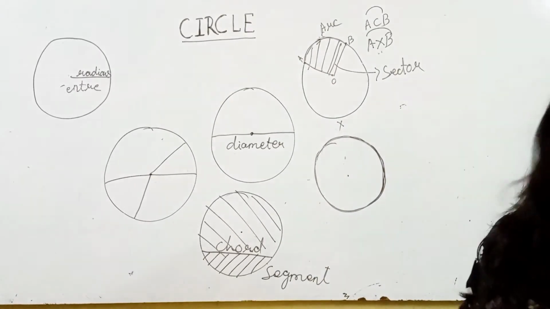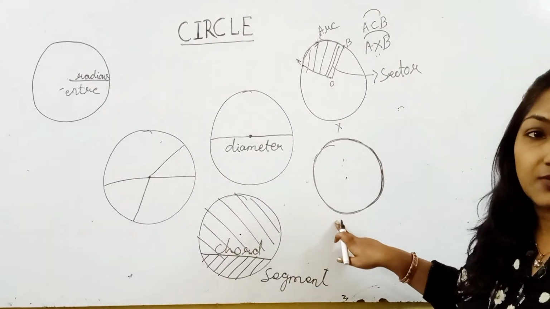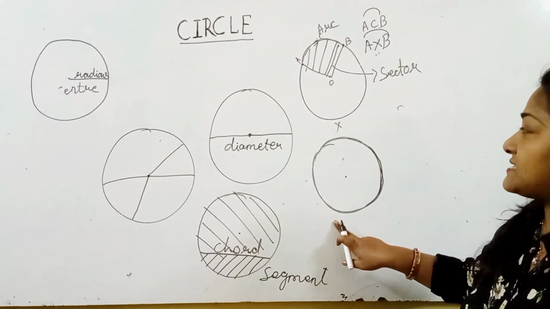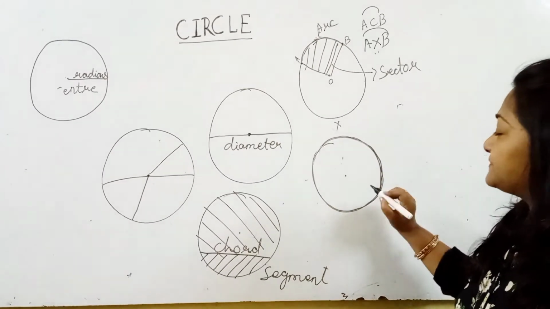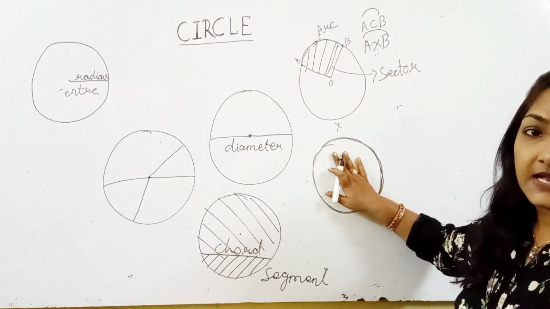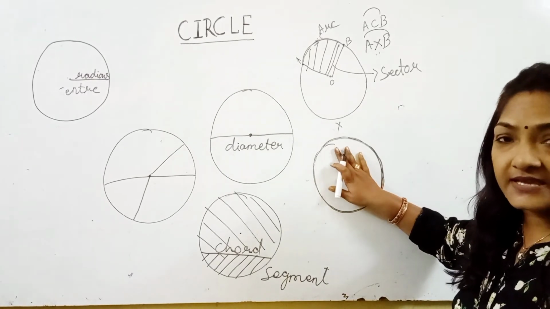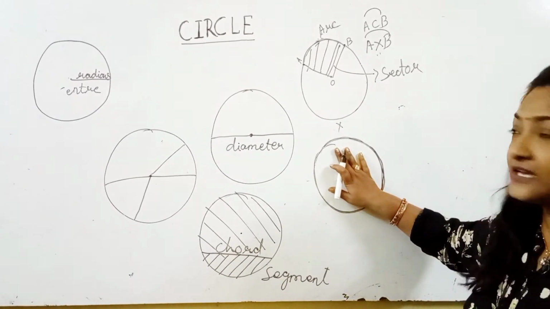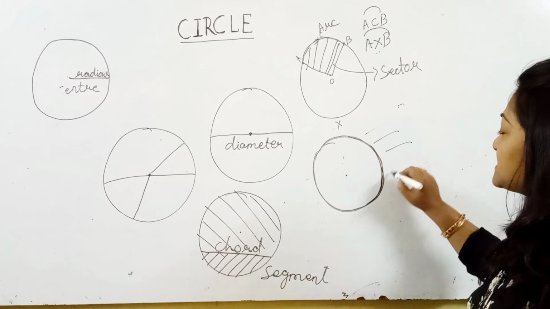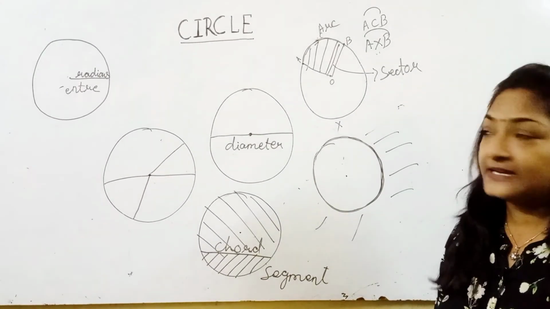The boundary of the circle is known as your circumference. The inner part of the circle is known as the interior region, and the outer part of the circle is known as the exterior of the circle.